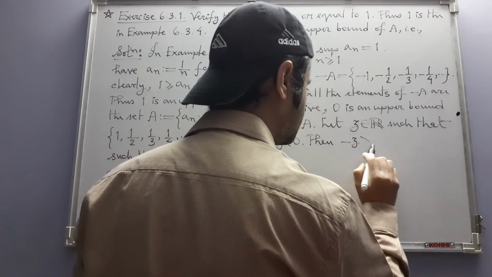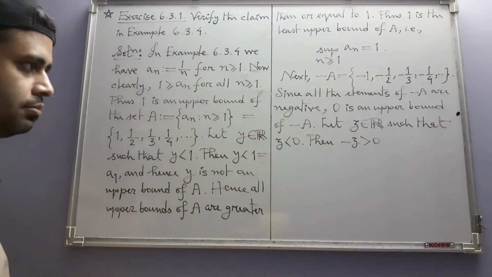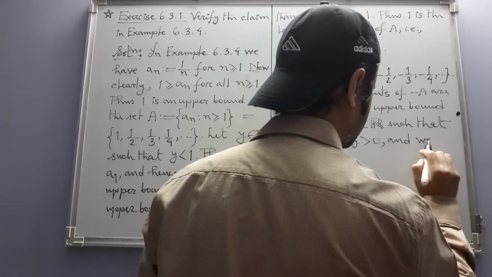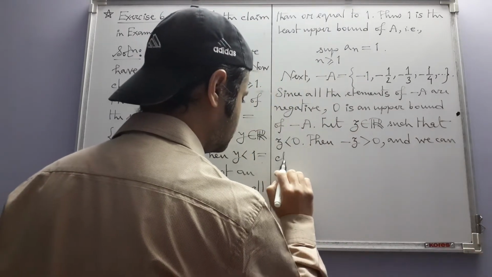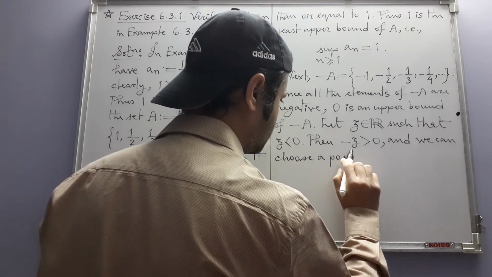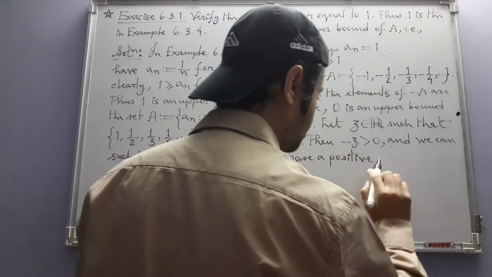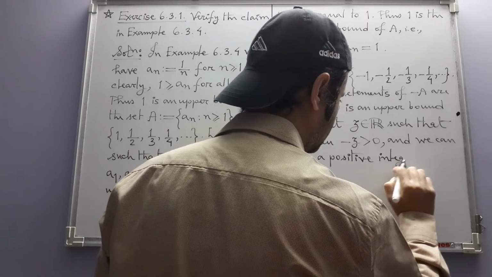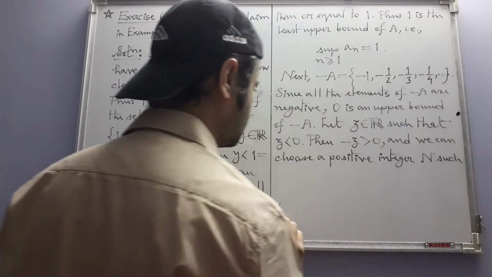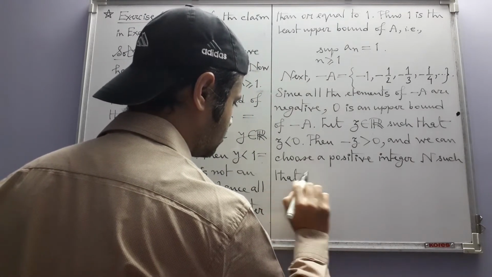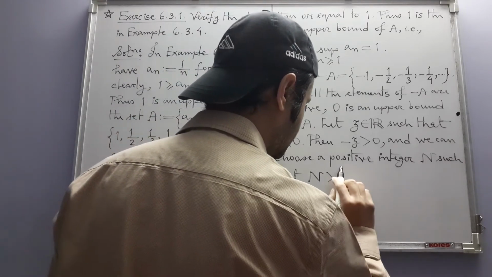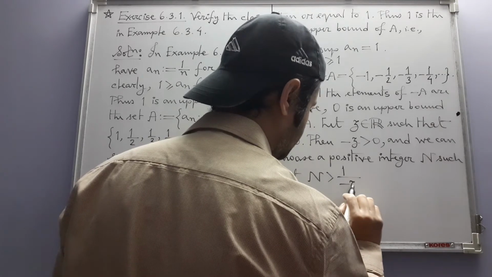Then minus z is greater than 0, and we can choose a positive integer n such that n is greater than 1 over minus z.